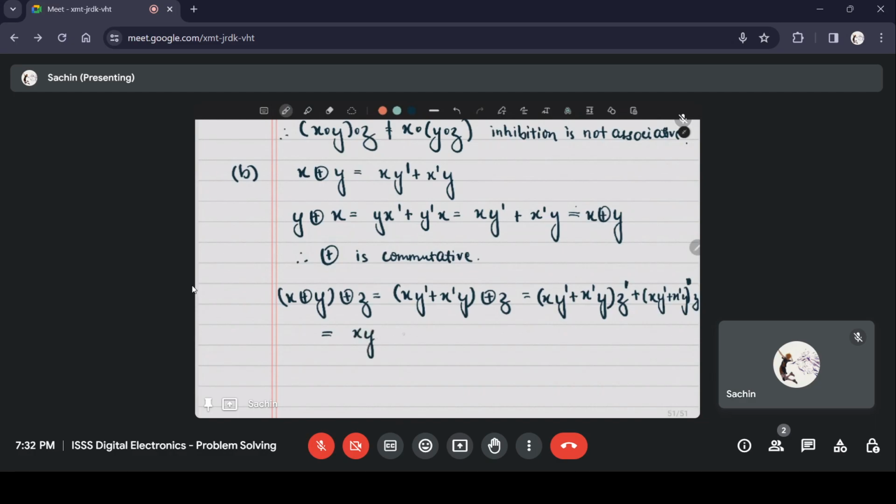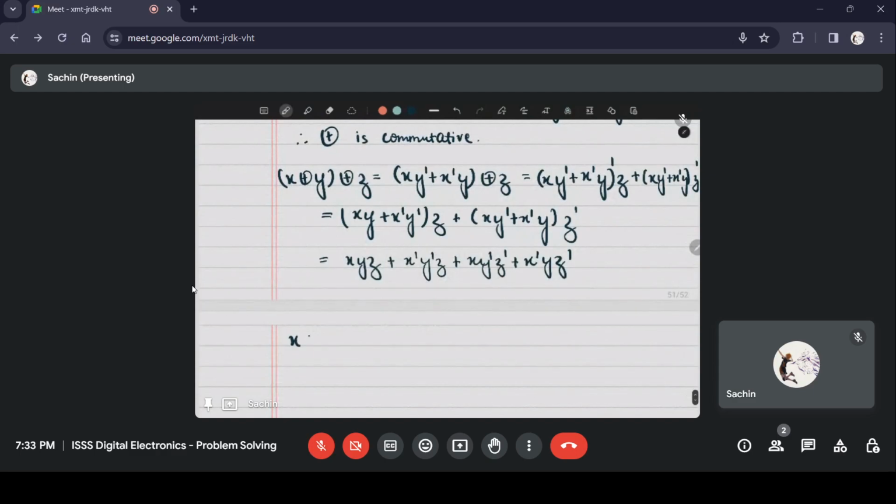Xy prime plus x prime y complement is nothing but xy plus x prime y prime. So the expression will become xyz plus x prime y prime z plus xy prime z prime plus x prime y z prime.